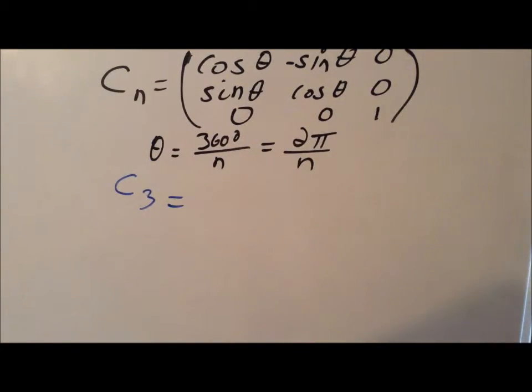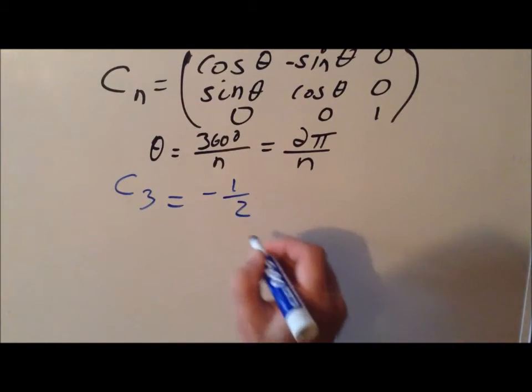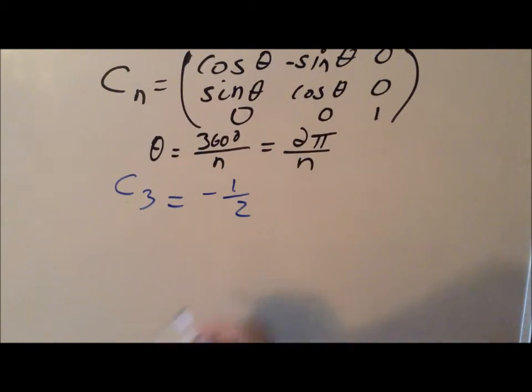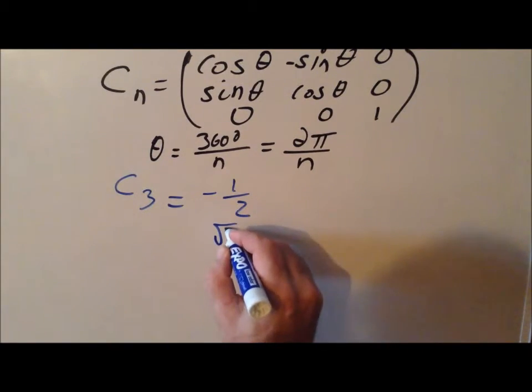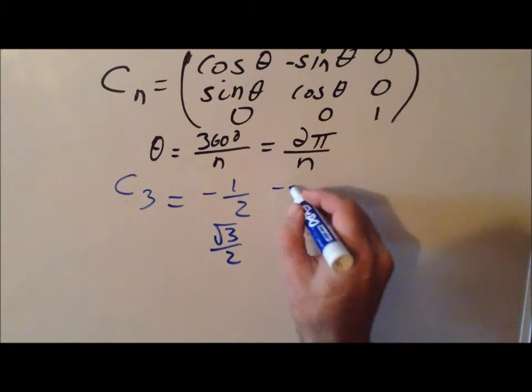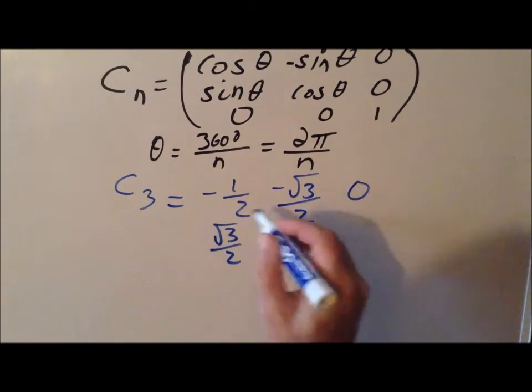And we had seen that the cosine of 120 degrees was minus 1/2. The sine of theta was the square root of 3 over 2, which makes minus the sine minus the square root of 3 over 2, 0. And then cosine of theta is also going to be minus 1/2.